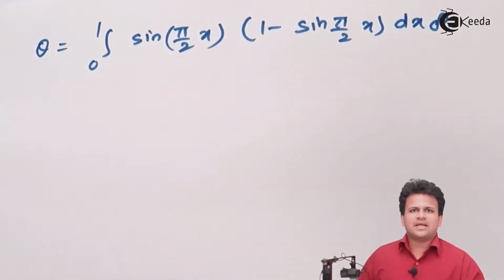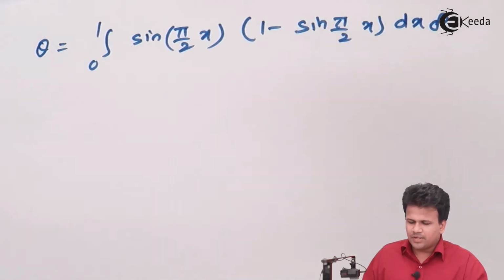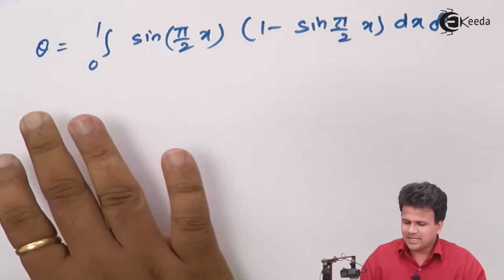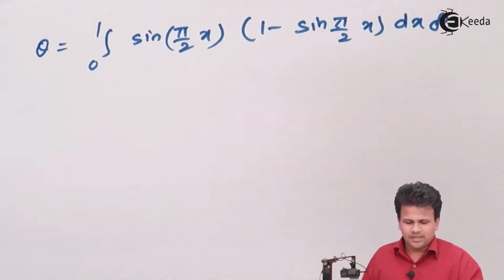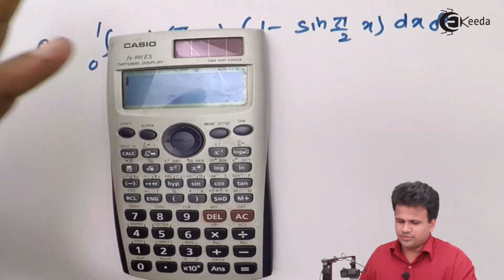So we have to solve this equation. To solve this equation, I'll give you a shortcut technique, that is directly solving this equation in your calculator. So now we'll use our calculator over here.